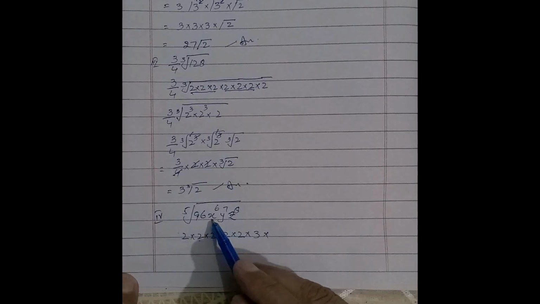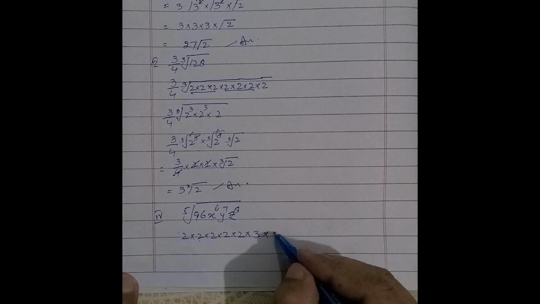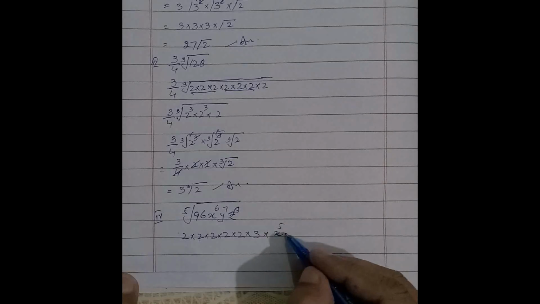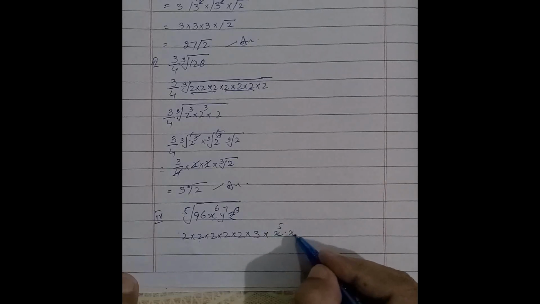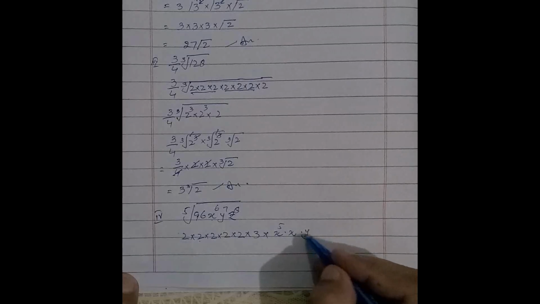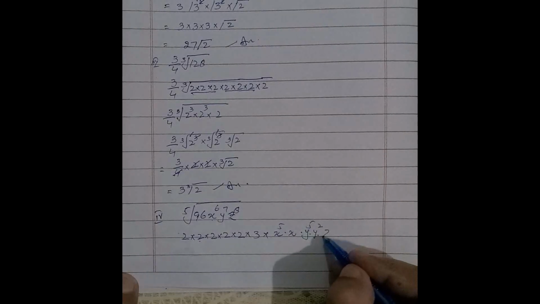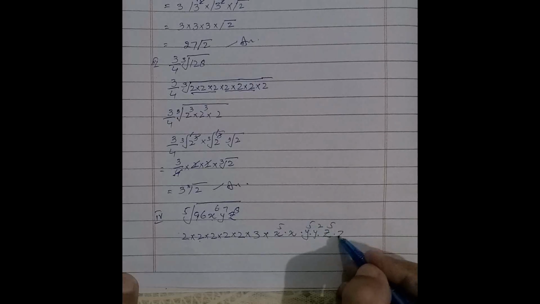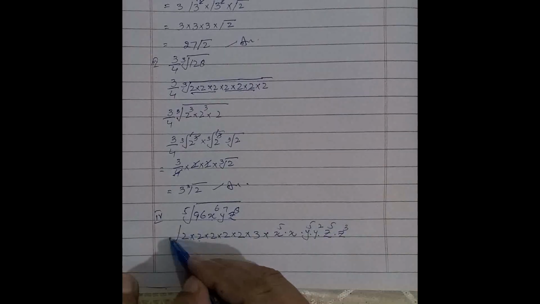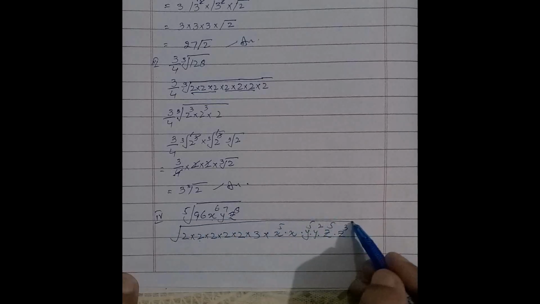For the further values, x to the power 6 we write as x to the power 5 into x, y to the power 7 as y to the power 5 into y squared, and z to the power 8 as z to the power 5 into z cubed, and we take the whole fifth root.